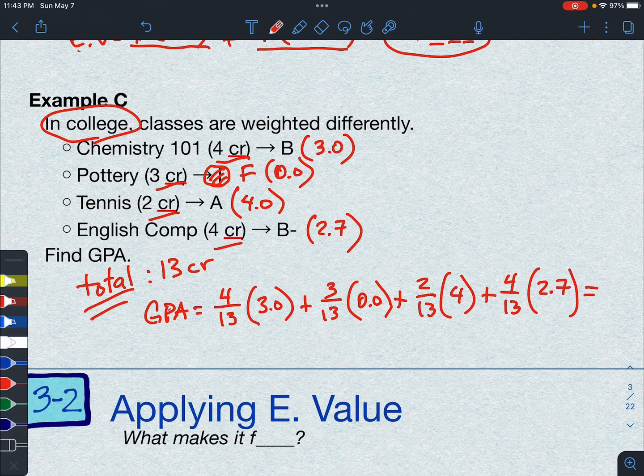All right. Again, multiplying that out would give us the answer. Just for time's sake and brevity, I won't actually calculate that out.